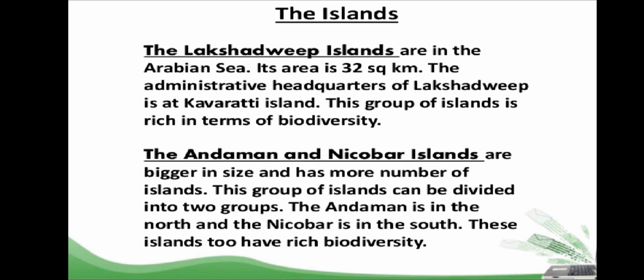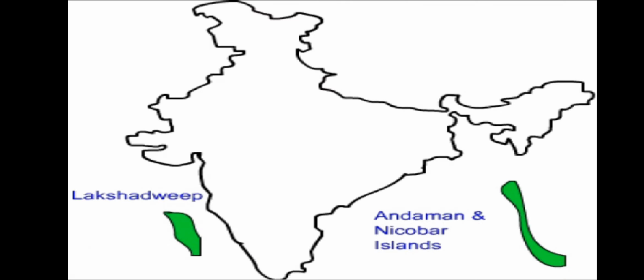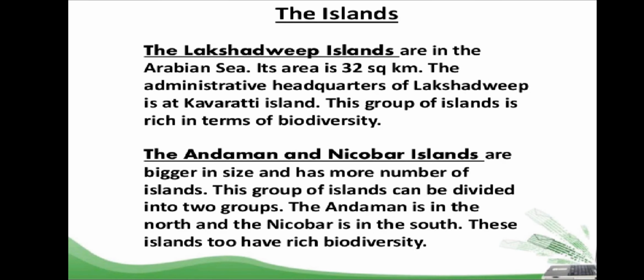Now, first of all, let us talk about the Lakshadweep Islands. These islands are in the Arabian Sea. You can see here the western part is the Arabian Sea and the eastern part is the Andaman and Nicobar Islands.